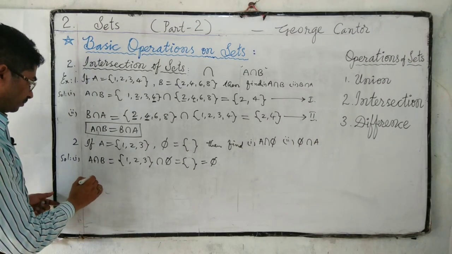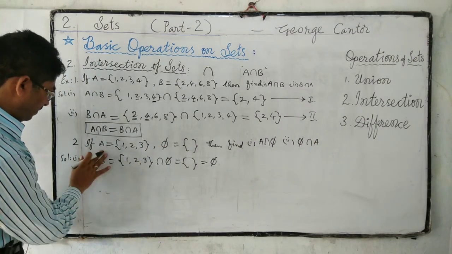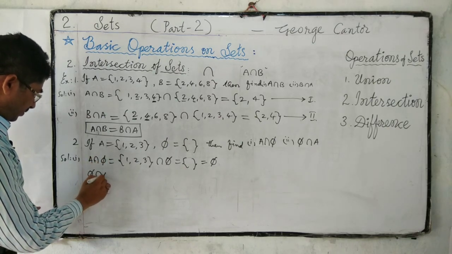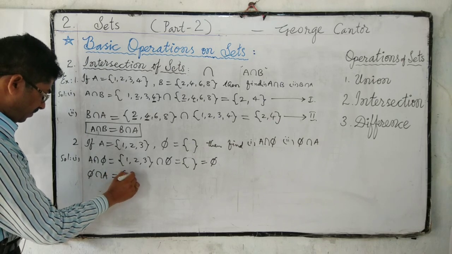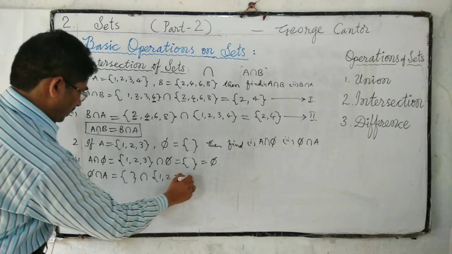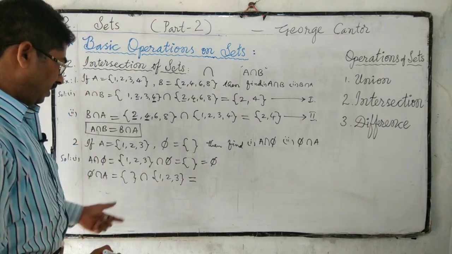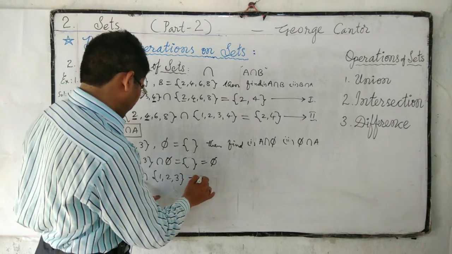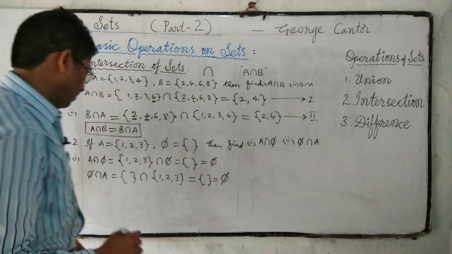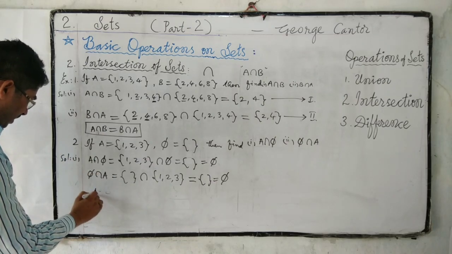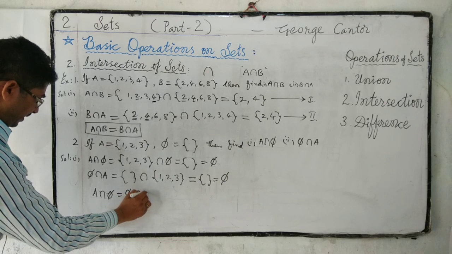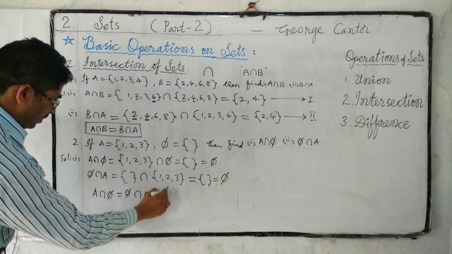Next, pi intersection A, empty set intersection 1, 2, 3. These also have no common elements, that's why we get the empty set, pi. What we observed: A intersection pi is equal to pi intersection A is equal to pi only.